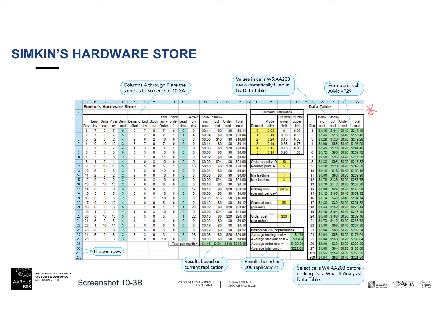Furthermore, you can see we have only considered one specific policy for your reorder point and order quantity, which is 5 and 10. You can consider other possibilities. For example, can you consider the EOQ quantity we calculated, 25 and 7, or other policies? That's the essence of simulation.